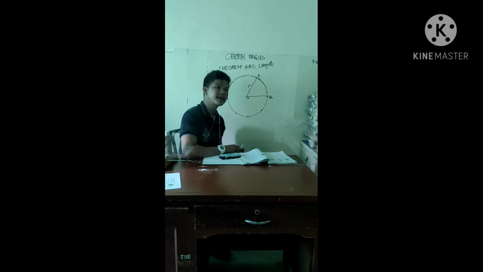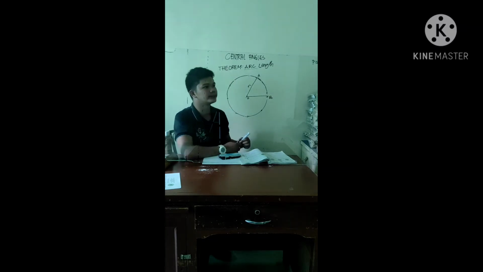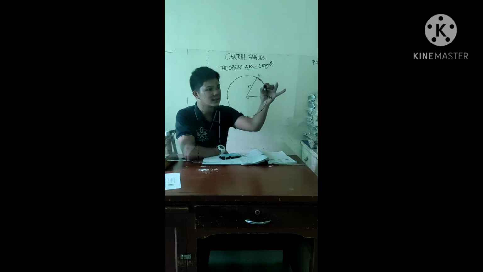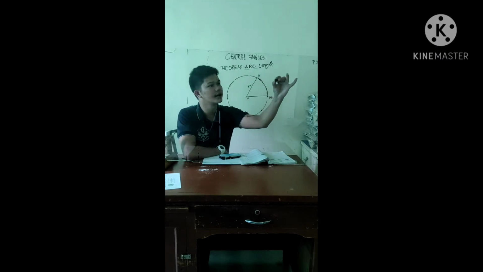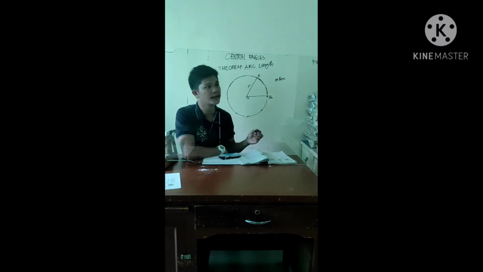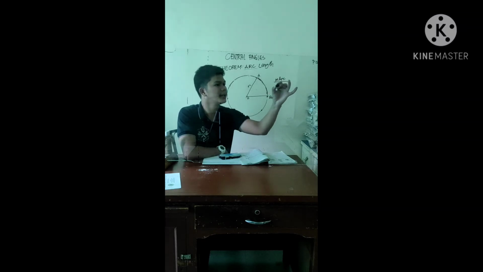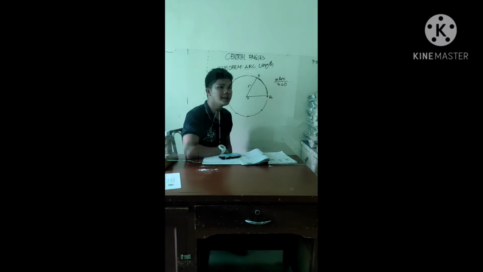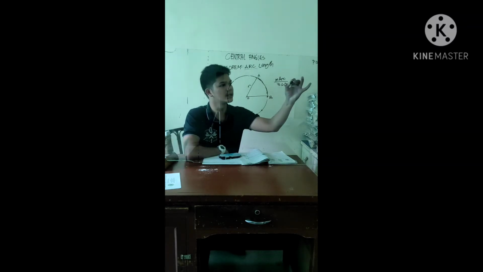So, si arc length natin, that is the ratio of your measure of the arc, measurement ni AB, okay? And your measure of your arc over 360 times the circumference of the circle. Circumference.